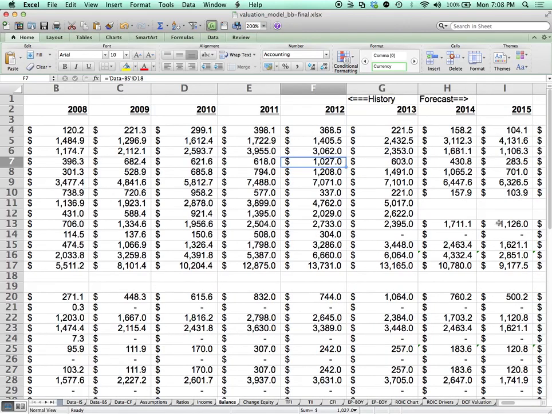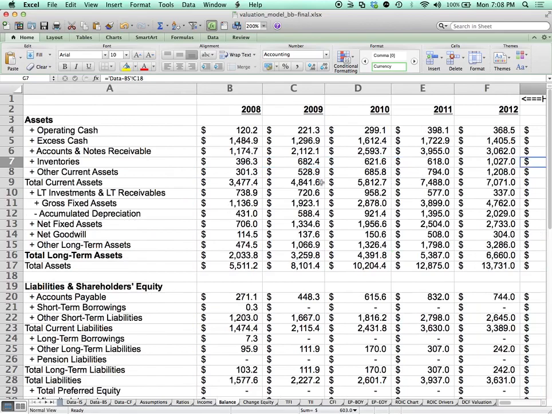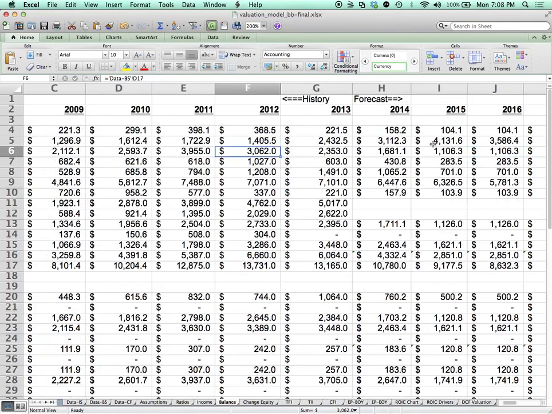They went from $1 billion of inventory to $600 million of inventory. They went from $3 billion of receivables to $2.3 billion of receivables. So it made it look like they're collecting faster and getting rid of inventory, but they're just not paying their bills. And they're putting it into their cash to make it look like they have more cash.